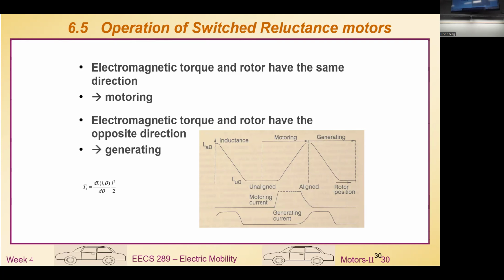Here I just showed you briefly how it looks and the basic equation. In the future, if you come to my more advanced EV course or my electrical machine course, we'll talk about the machine design and how to design this properly. But basically, this motor can be used for motoring and also for power regeneration, depending on which region you want to operate. All right.